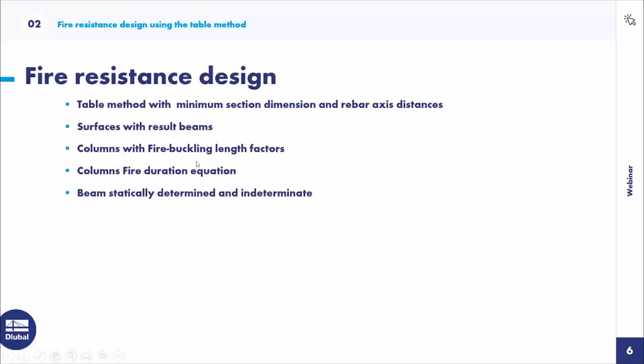And also for the columns, we have an additional point for the definition of fire buckling length factors. So you can calculate with normal temperature with another buckling length factor than for the fire hot calculation. It's an important point.